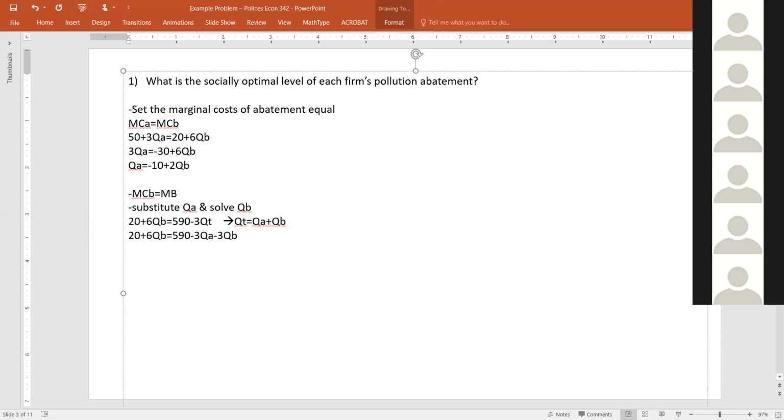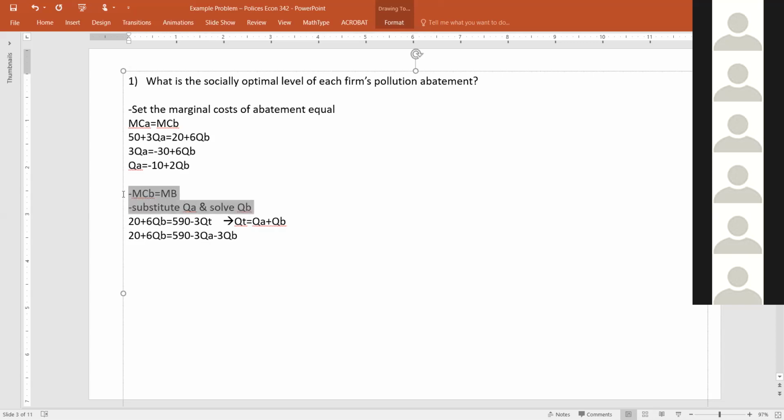Can you go over that last thing? What last thing? After substitute QA and solve for QB, everything after that. Yeah, so this is two steps of the problem.